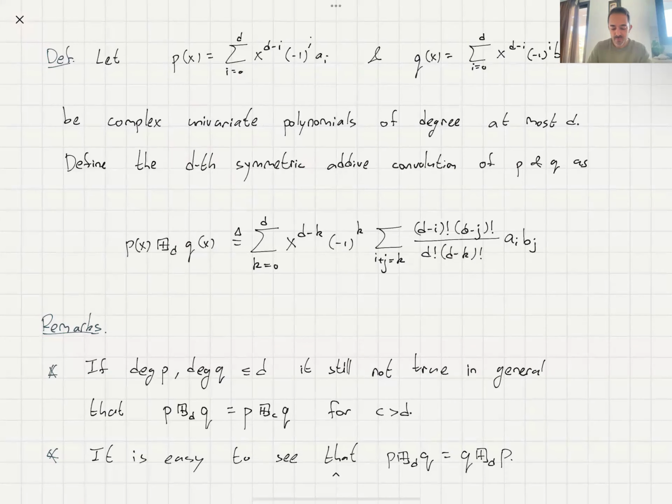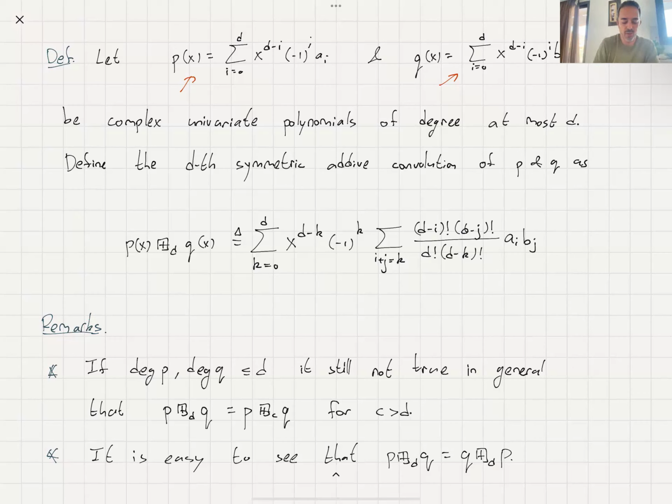Okay. So from here on, we're going to consider polynomials more generally. Let's say we are looking at polynomials of degree at most d. Usually when you write a polynomial, you write the sum of a_i x to the i. Here it will be more natural, and we'll have to work with fewer signs and carry them around, if we do it in the reversed way.